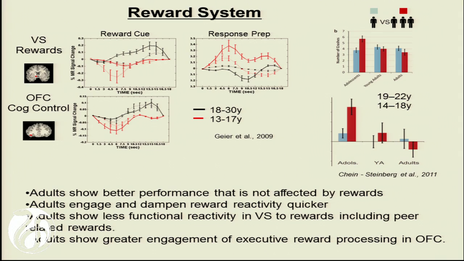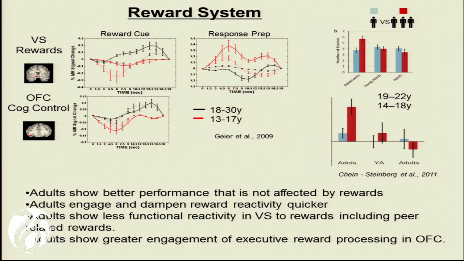Adolescents show this overreactivity to rewards, which is more so than young adults. However, what I'm showing you here is that what young adults do is that when they're presented with reward, they immediately process that, but they immediately temper it and are able to not have that affect their ability to make decisions.